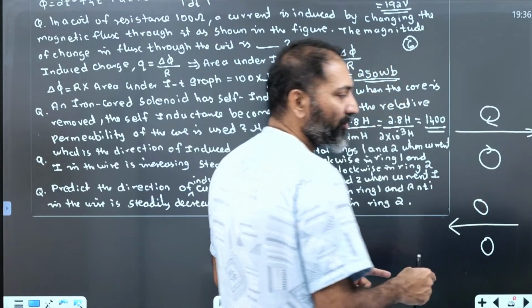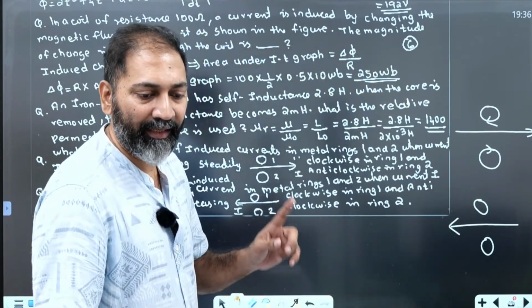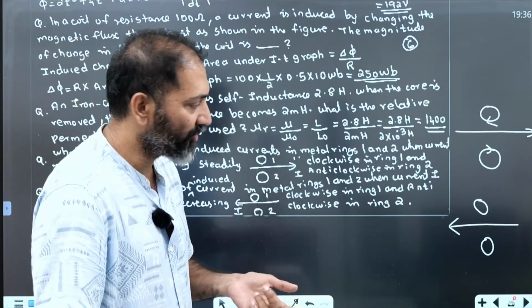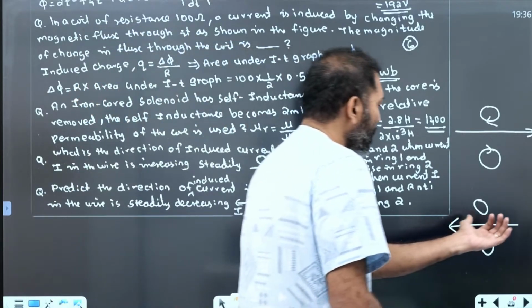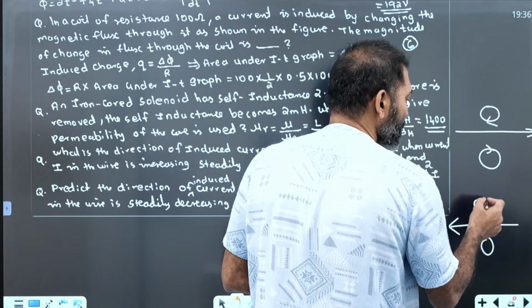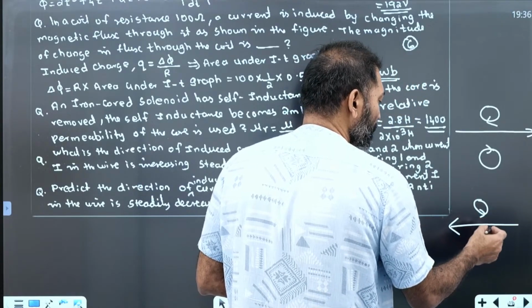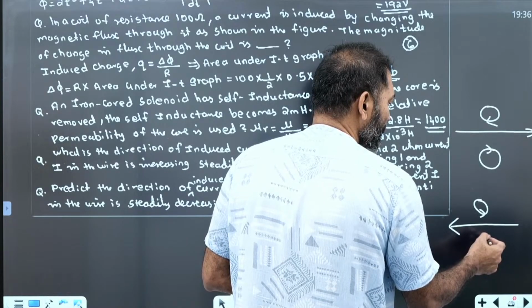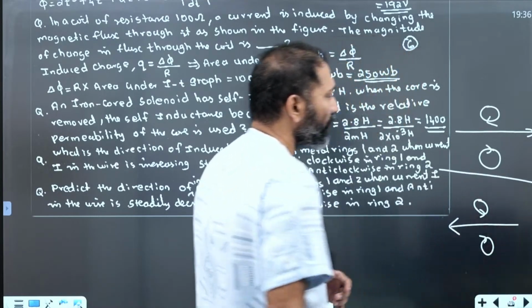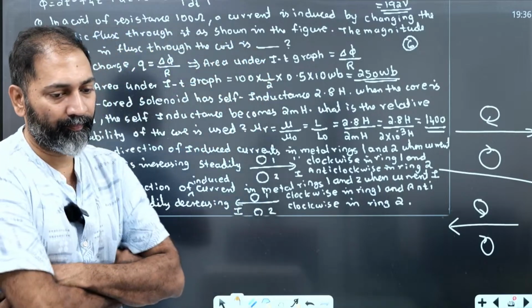So there will be induced EMF and induced current. That induced current should oppose the cause. What is the cause? The left going current. So induced current should be in the anti-clockwise direction in the upper loop and in the clockwise direction in the lower loop. I hope you understood.